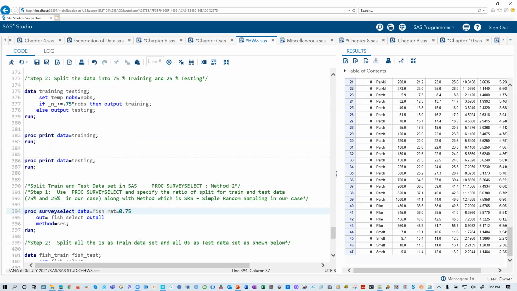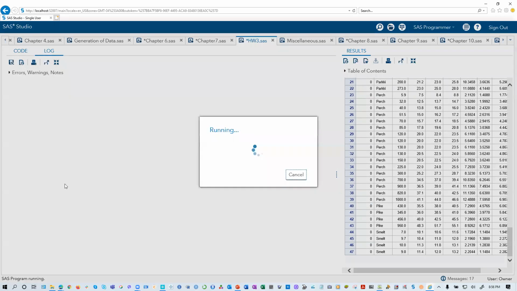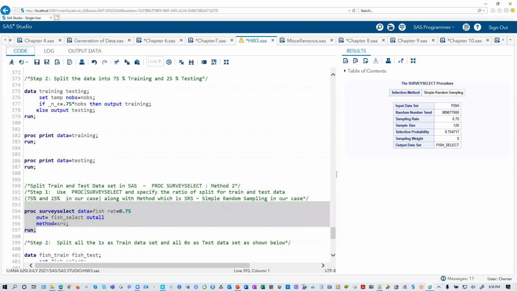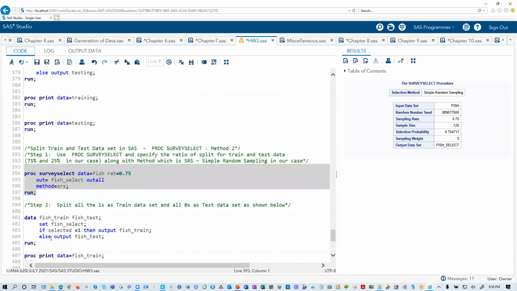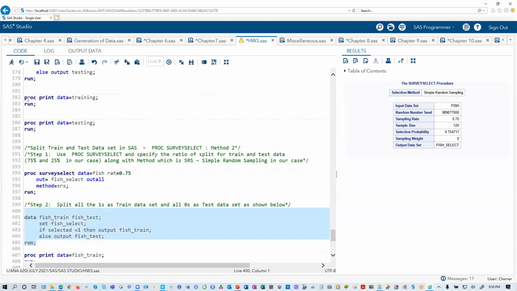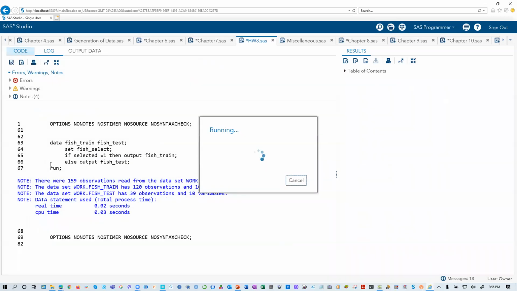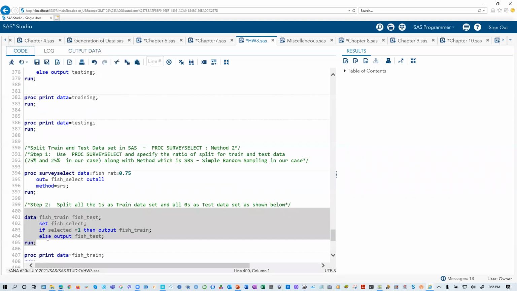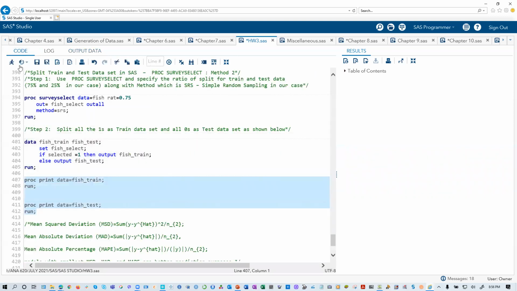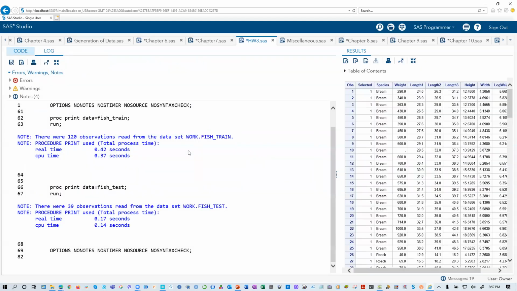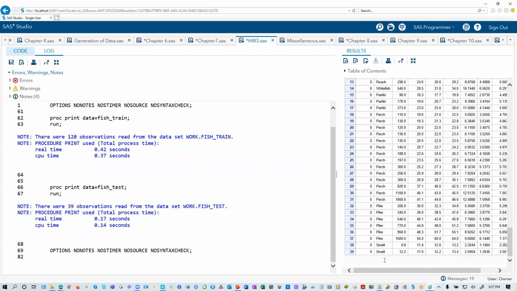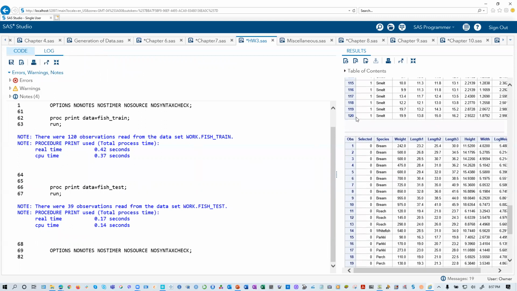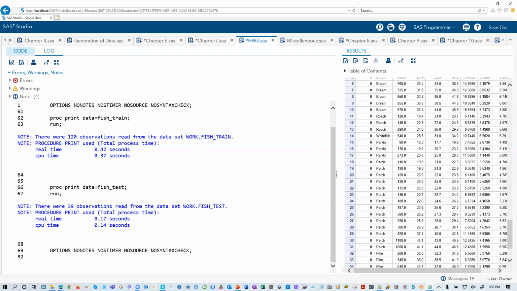Then we get 120 and 39. Pretty much the same as earlier.